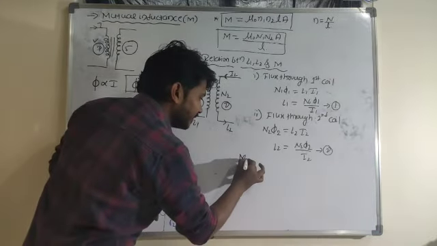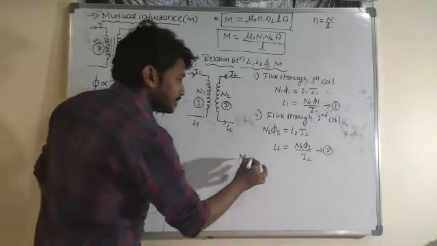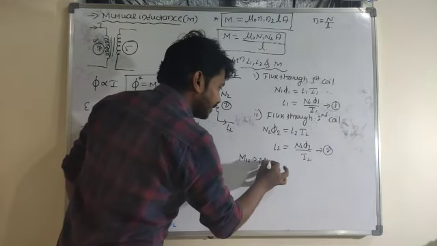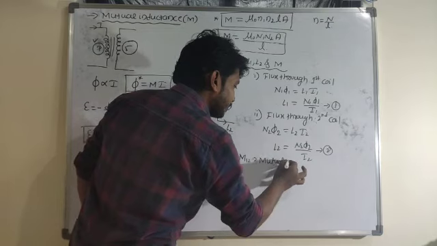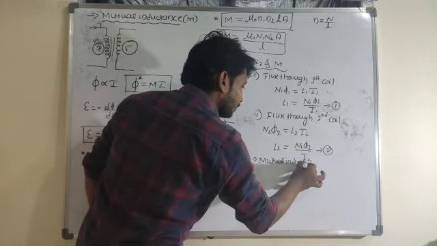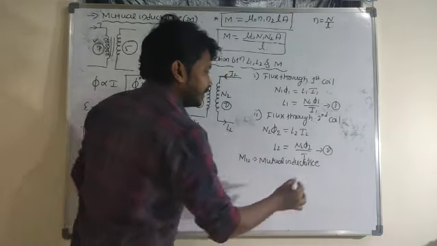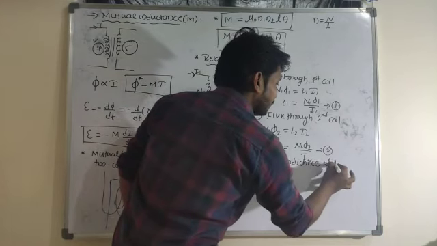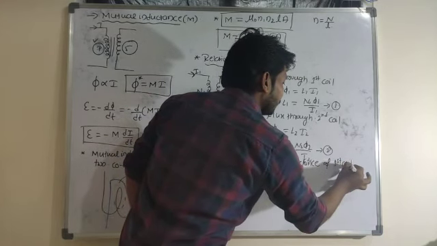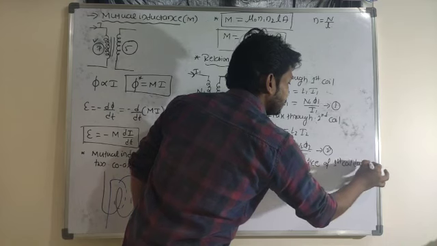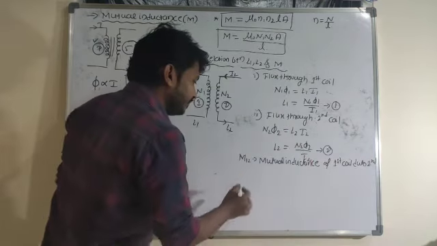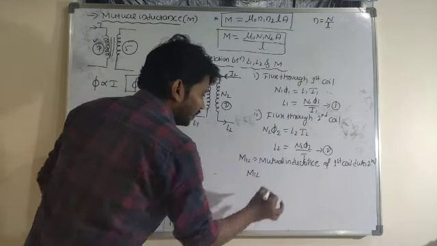So first I will consider M of 1 to 2, the mutual inductance of the first coil due to the second.